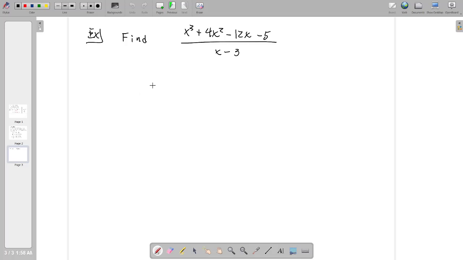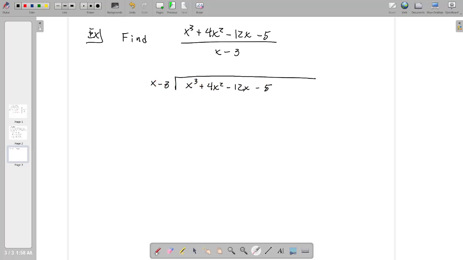Now, polynomial division is very similar to long division of integers. We have x minus 3 being divided into x cubed plus 4x squared minus 12x minus 5. So again, we have our dividend and our divisor.